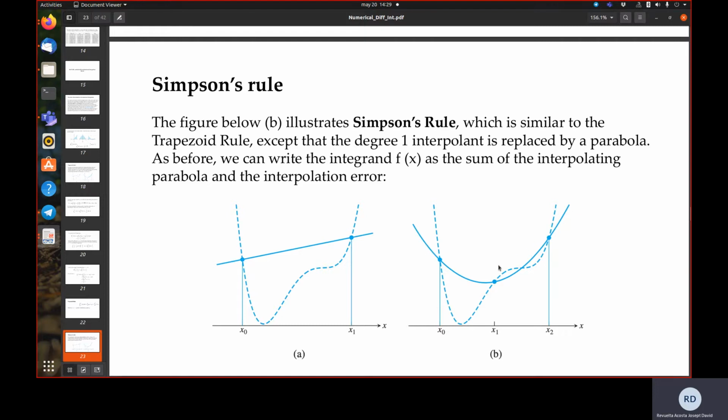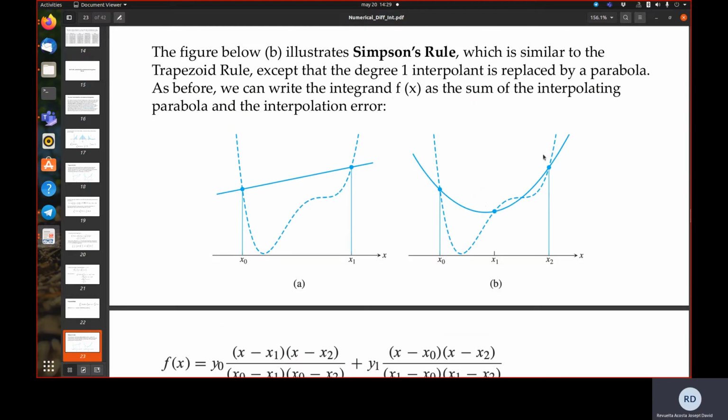It's actually the same thing as the trapezoid rule, except that now the first-degree interpolating formula is replaced by a parabola, which in general is a higher degree interpolation function. As before, we can write the integral of the integrand f(x) as the sum of the interpolating parabola and the interpolation error. So we already went over this.